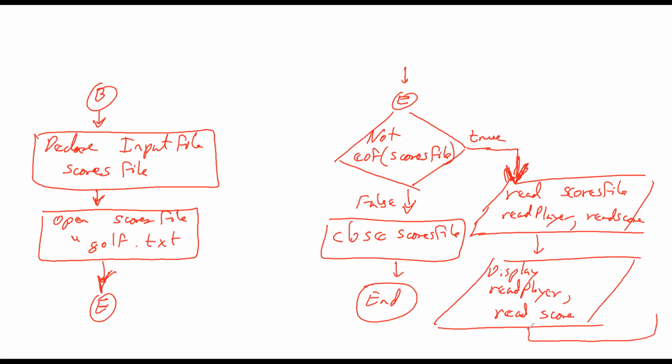So once we're done with that, we just go back to the loop, and that completes the program. Are there any questions about this one? Any questions about the flow chart? No?